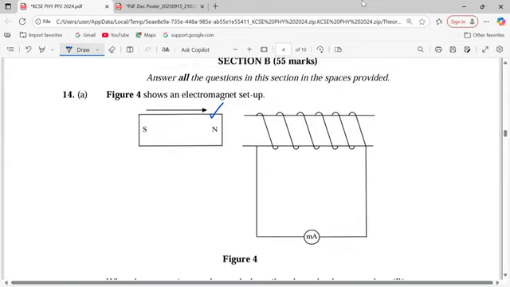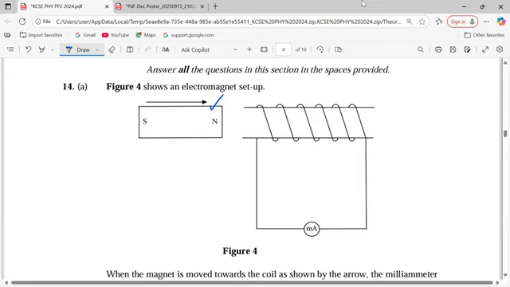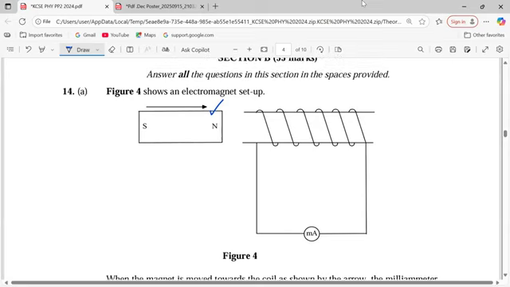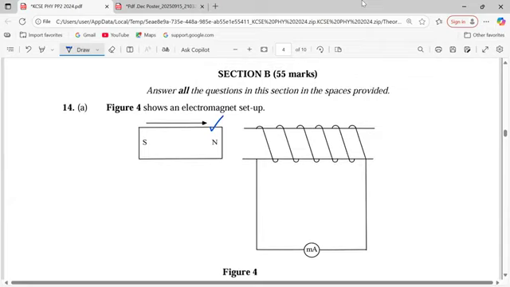So when the magnet is moved towards the coil, the magnetic field lines cut across the coil. Then we say that a changing magnetic flux linkage is created. Then it causes the induced EMF that causes the current to flow.